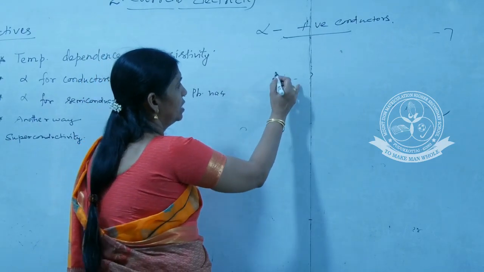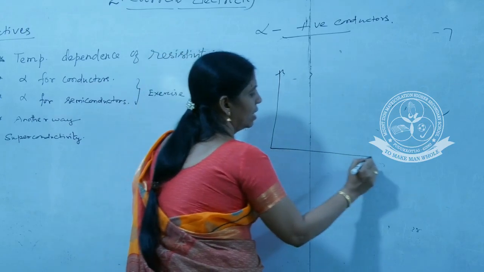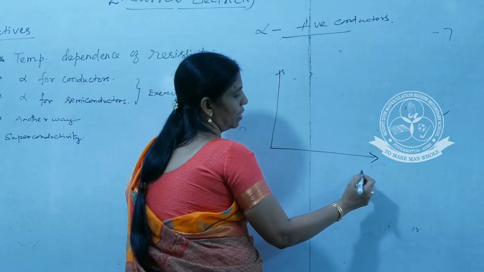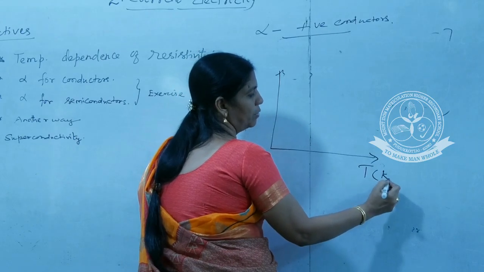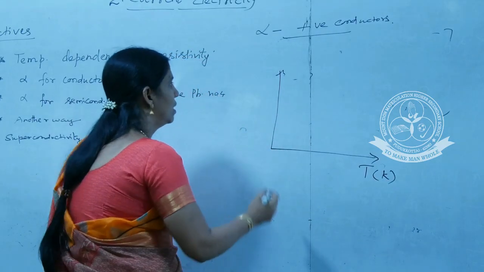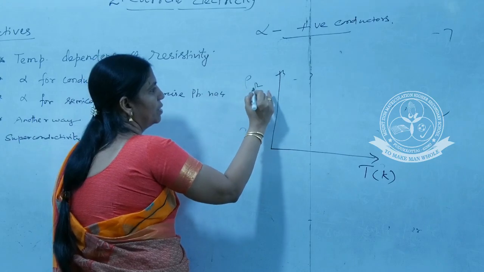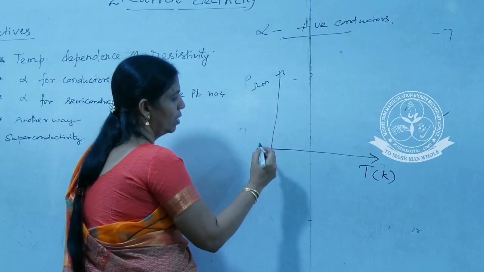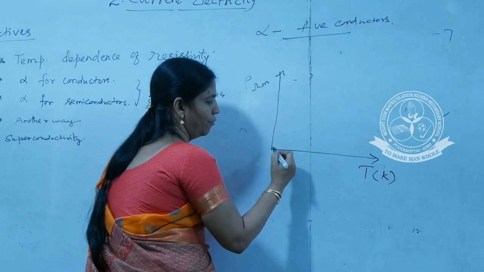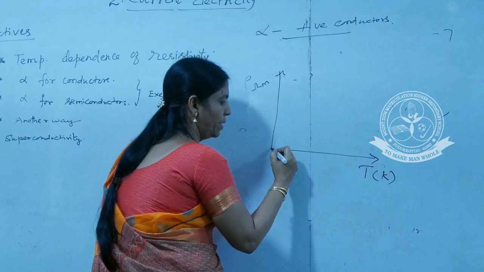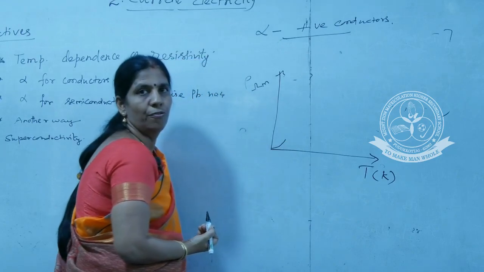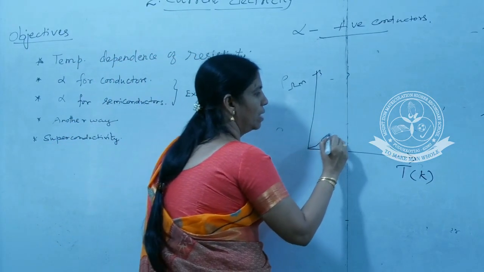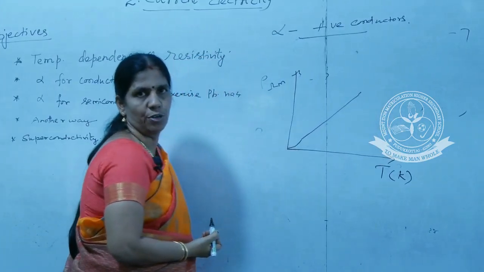Now if we represent it graphically, taking T, the absolute temperature, along the x-axis, and resistivity, which is in ohm meter, along the y-axis, we may find a graph that is non-linear for a small range of temperatures and linear for a wide range of temperature.